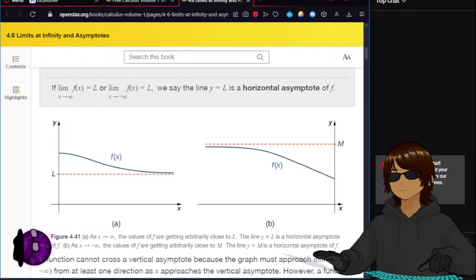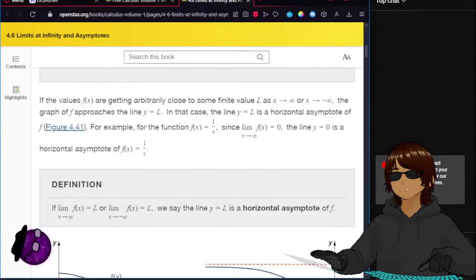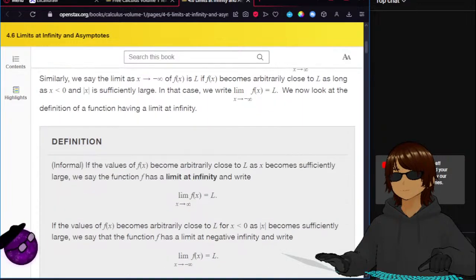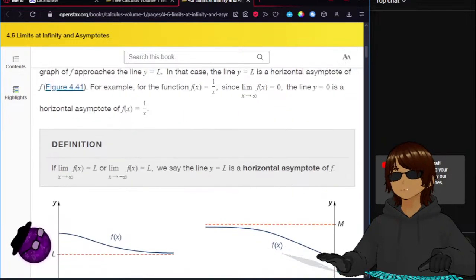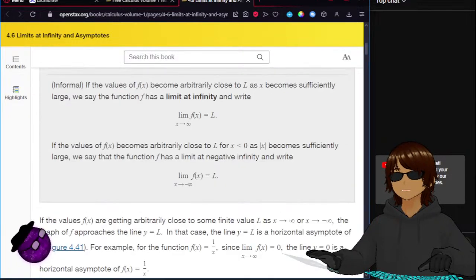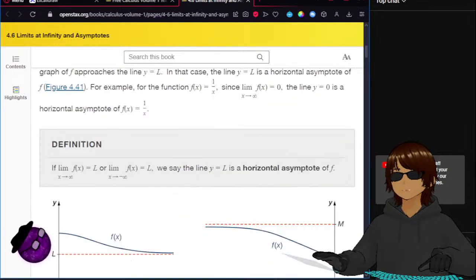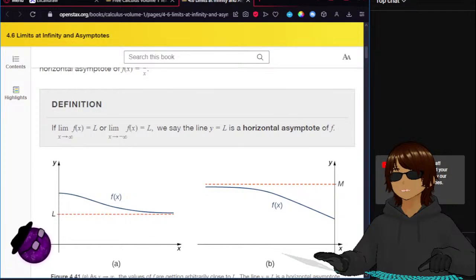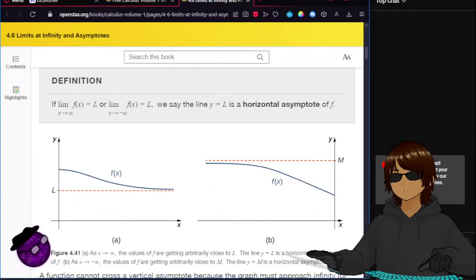If f of x becomes arbitrarily close to L as x goes towards negative infinity, we say the line y equals L is a horizontal asymptote of f.